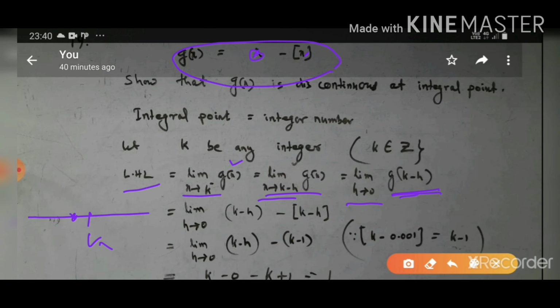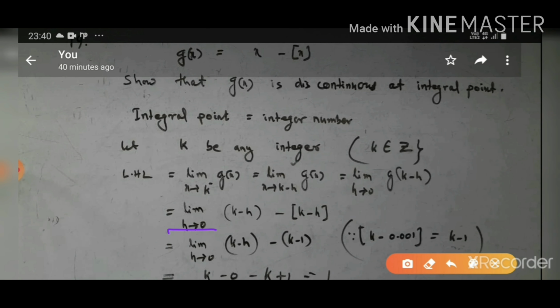Then it becomes limit h tends to 0 of (k minus h) minus [k minus h], the greatest integer. Take k minus a very small number: that is less than k, so the greatest integer less than k is k minus 1. So the greatest integer of k minus h will be k minus 1.